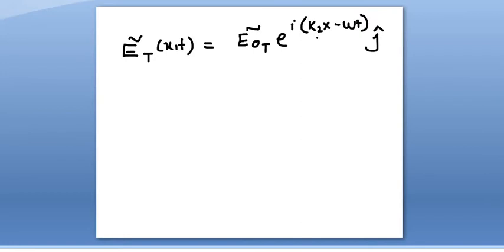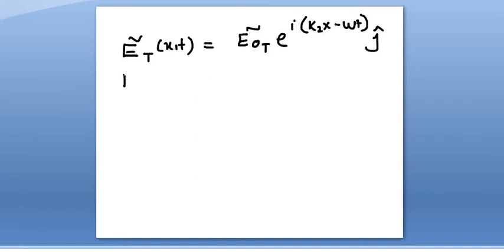I hope why we are taking K2 is clear: the transmitted wave travels from medium 1 to medium 2. When we assume medium 1 with wave number K1, we will have a different wave number for medium 2.